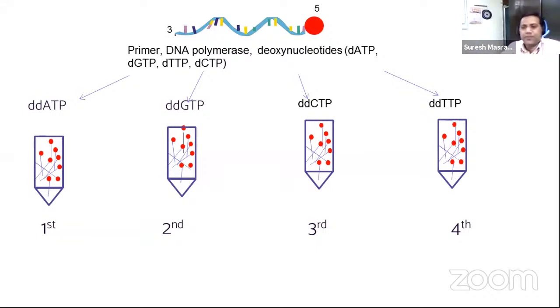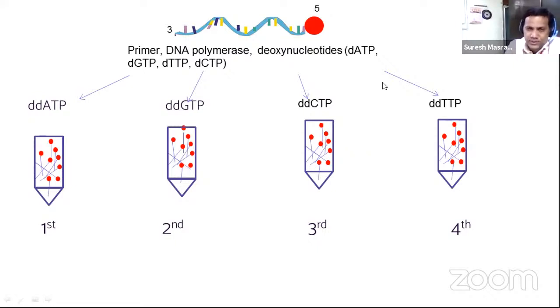Now, thus we prepare the reaction mixture. We put all this reaction mixture into four centrifuge tubes. In each centrifuge tube, we add primer, we add DNA polymerase, and we add deoxynucleotides, where four types of deoxynucleotides are placed.